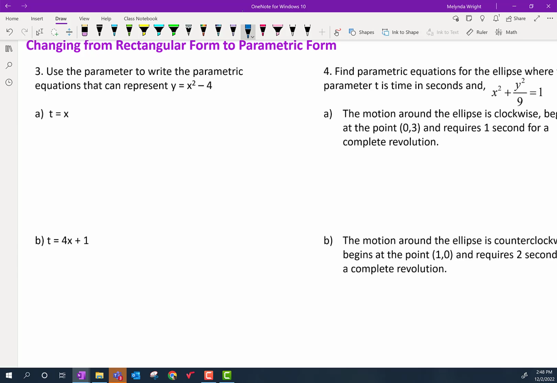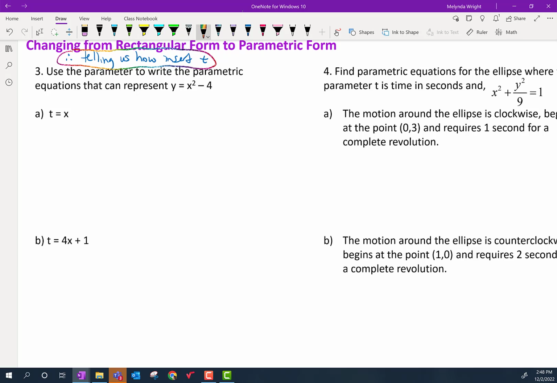So this is different than the number 4. Here is where they're telling us how to insert the t. We don't have to figure it out. They're just telling us how to do it.